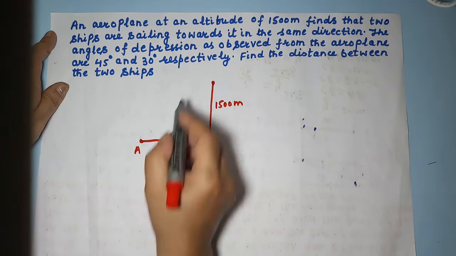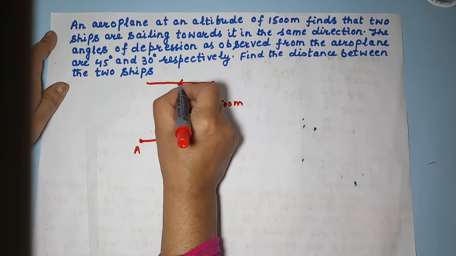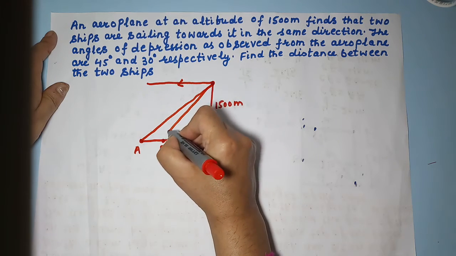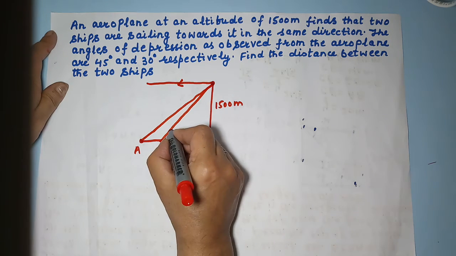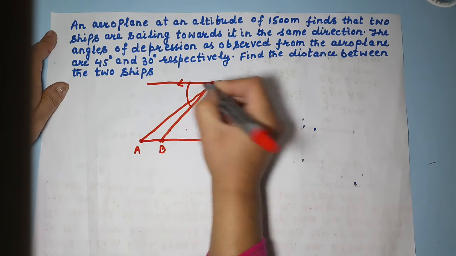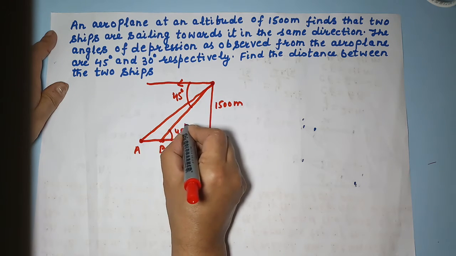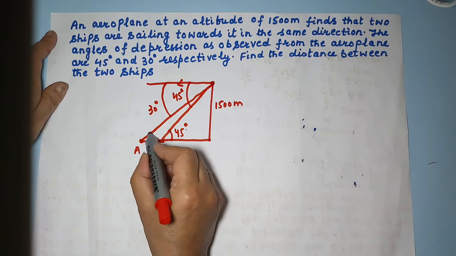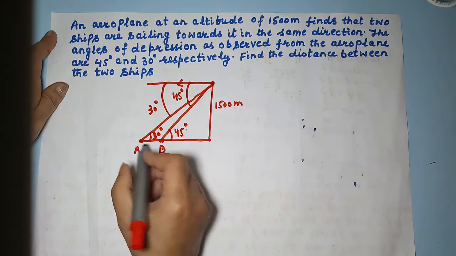The angles of depression, when observed from the aeroplane, are 45 and 30 degrees respectively. So this angle is 45 degrees, and this angle is 30 degrees, so this angle will also be 30 degrees, right? Find the distance between the two ships.